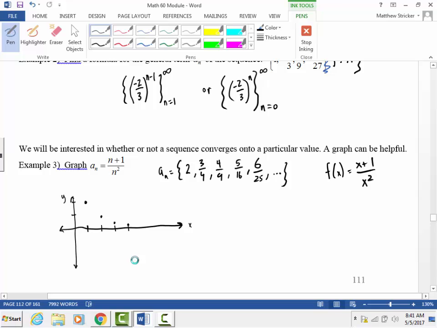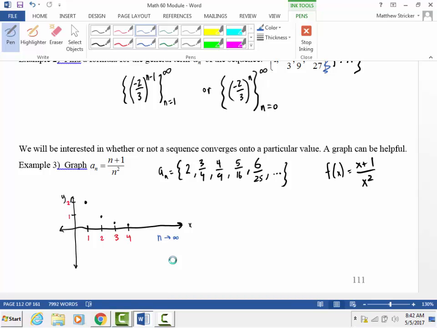Now, if we were to think about this now as n approaches infinity, is there a value that just from the graph it looks like this sequence of terms is approaching?